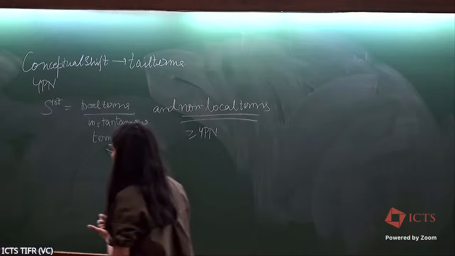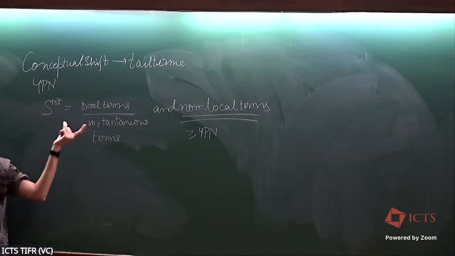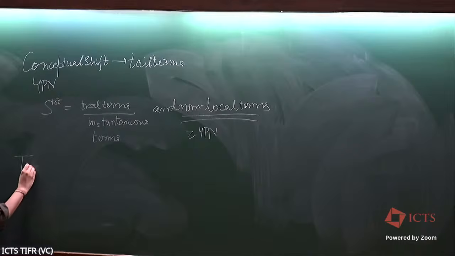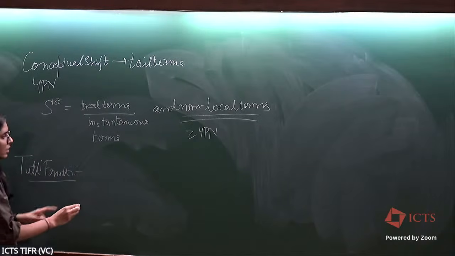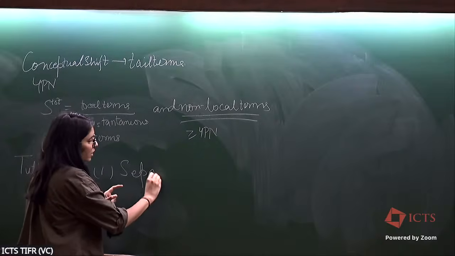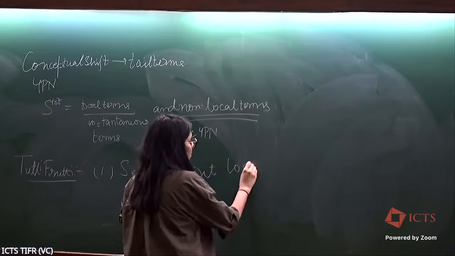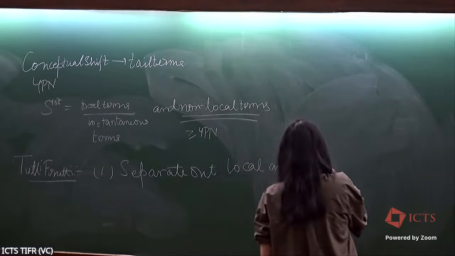What should we do to obtain the EOB Hamiltonian? So the key idea would be to separate somehow this local piece from the non-local piece. So the key ideas of tutti-frutti: separate out local and non-local.